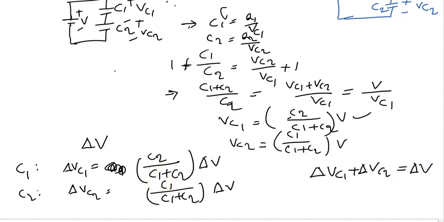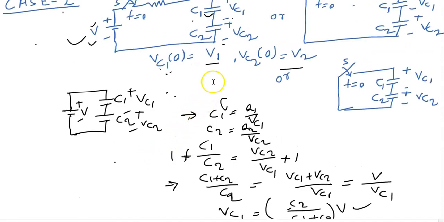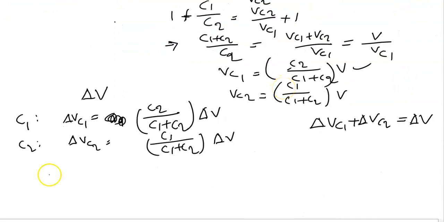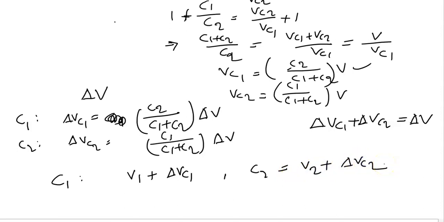Now, because we also have initial voltage, for capacitor C1 the voltage will be V1 plus del Vc1. For C2 the voltage will be V2 plus del Vc2.